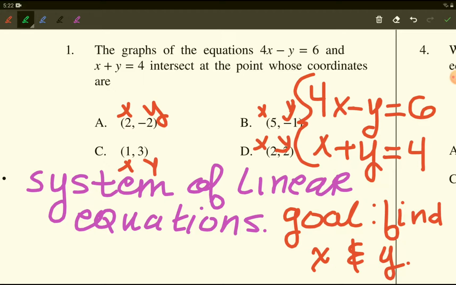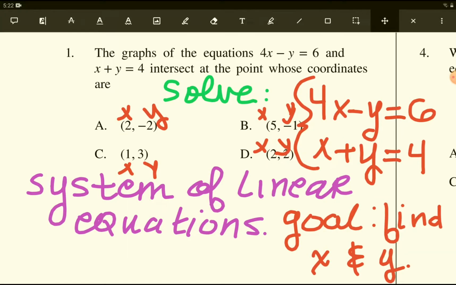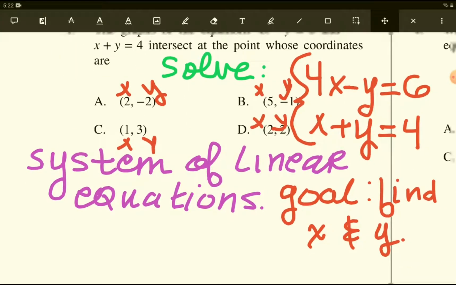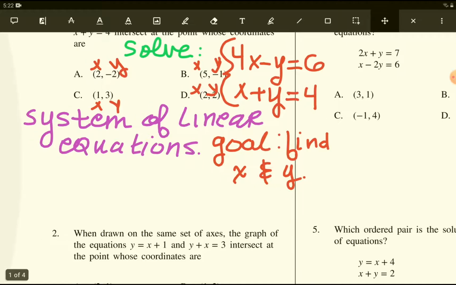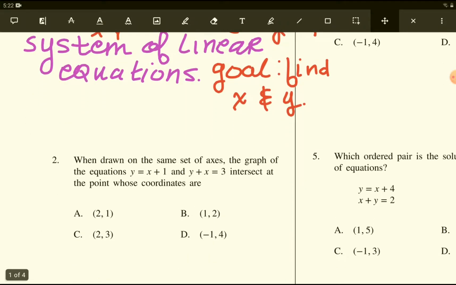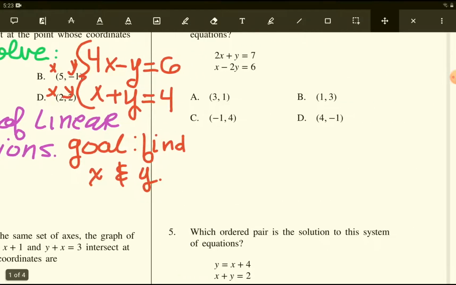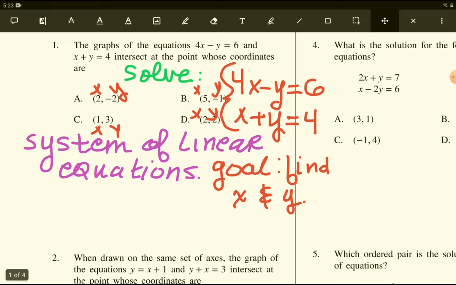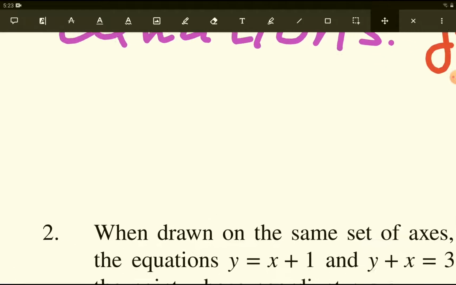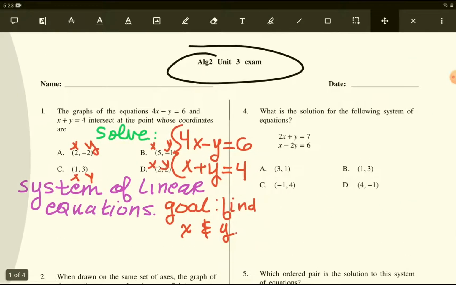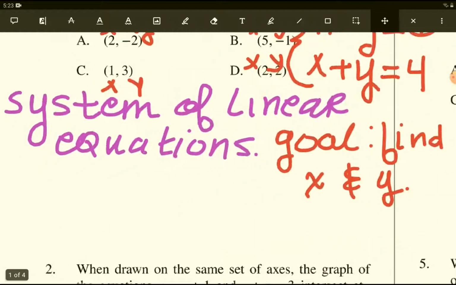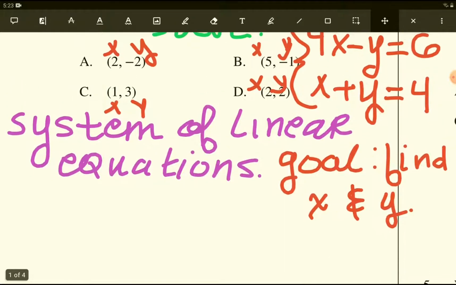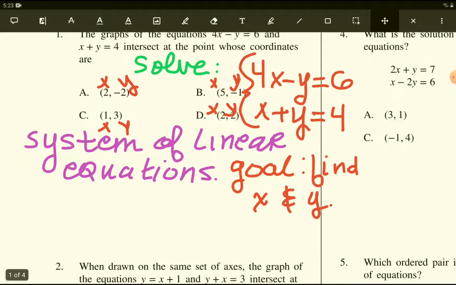I'm going to go ahead and solve number 1 to give you guys a good example. So 4x minus y equals 6, and then, but I want a blank piece of paper.